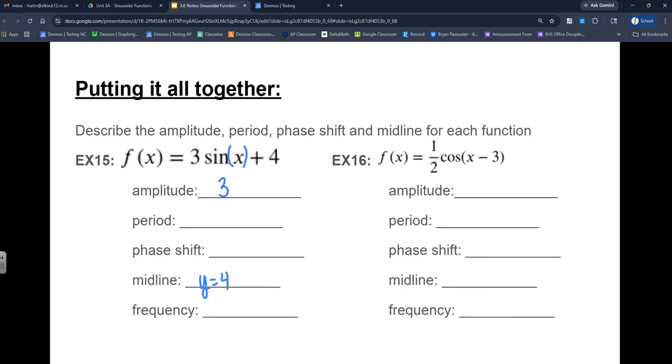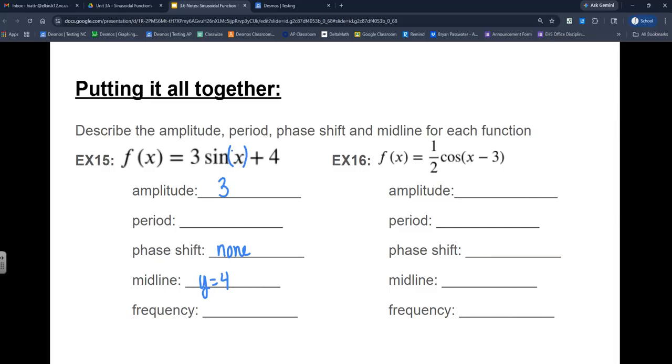You always have an amplitude, you always have a period, you always have midline, and you always have frequency. But phase shift, sometimes there's just not one there. And this graph is not shifted to the left or the right, so this will be none for the phase shift. And there is no number in front of my x right here, which means the period does not change. It just stays the same.